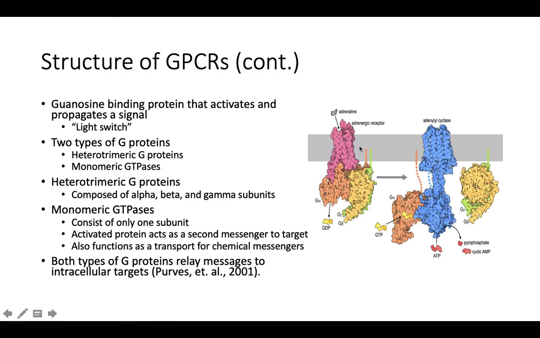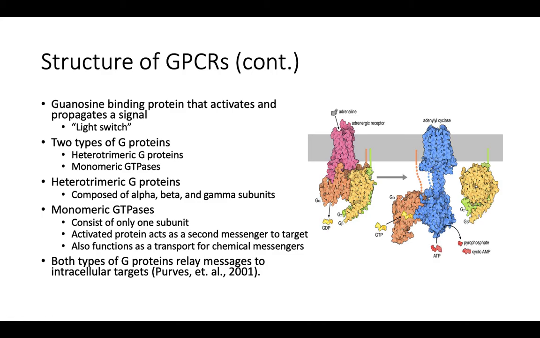But the important thing to remember at the moment is that the heterotrimeric G proteins have these subunits that interact with each other based on what the ligand is doing on the G protein receptor. Then we also have monomeric G proteins, and those consist of only one subunit, so you're not going to see this division as you would in a regular G protein.